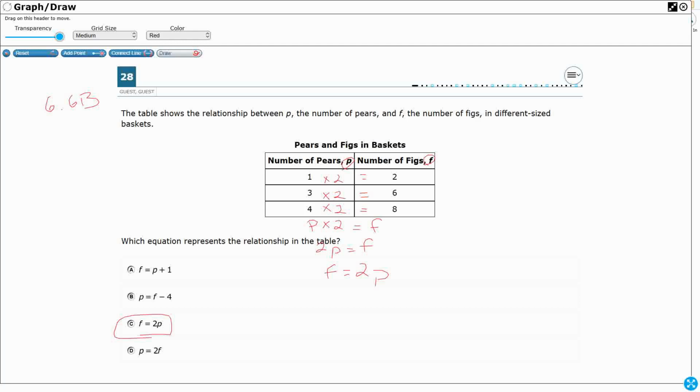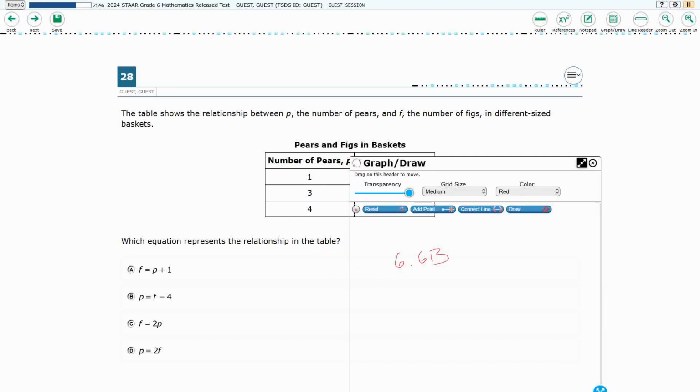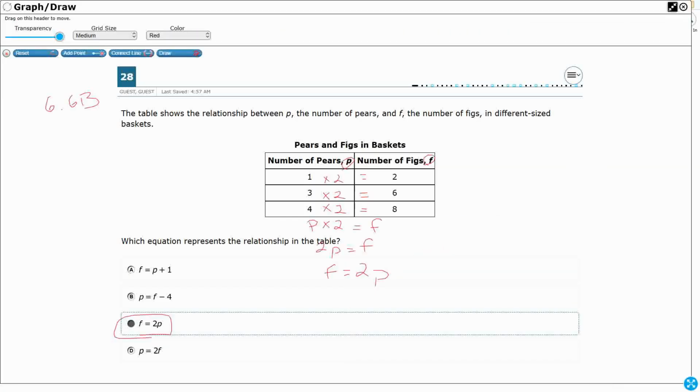We also could have just solved it by substitution, by taking each of these and saying, all right, let's just take the 3 and the 6. If f equals 6, p equals 3. And so we could have said 6 equals 3 plus 1.